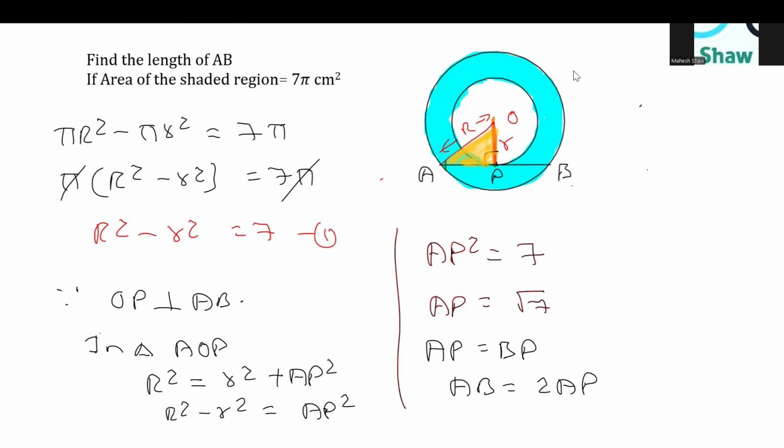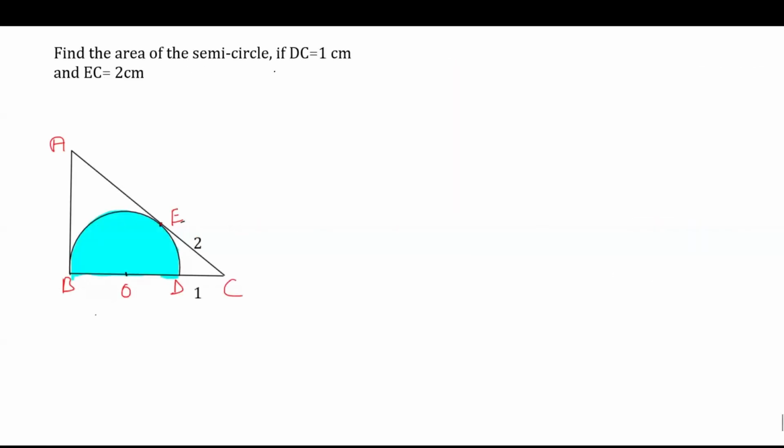The reason, as I said, is that for the outer circle, AB is a chord and OP is perpendicular drawn from the center, and a perpendicular drawn from the center bisects the chord. So now I can get the length of AB, which is twice AP. Well, AP is under root 7, so that results in 2 root 7 centimeter. Yeah, that's what we needed to find out. We'll say this is 2 root 7 centimeter.